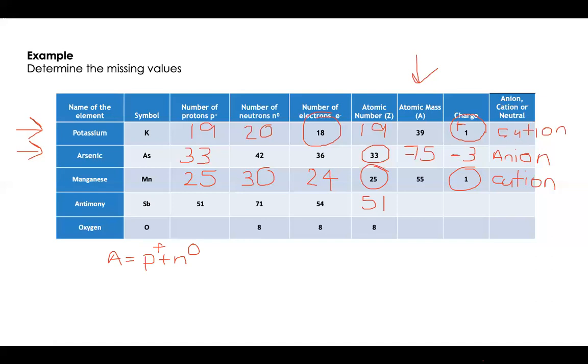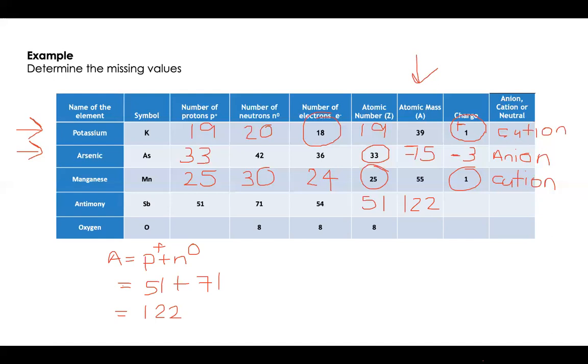Okay, so in this case will be protons 51 plus neutrons, which is 71, and this gives me 122. Okay, so I'm gonna be writing here 122.